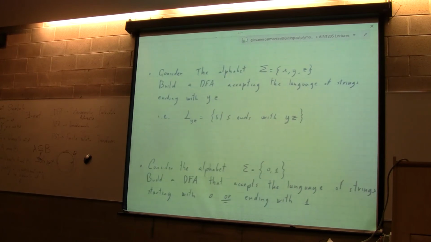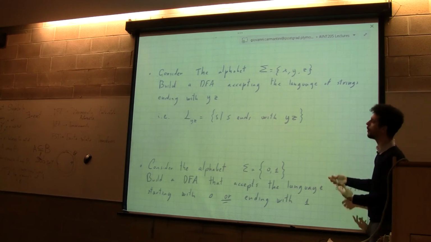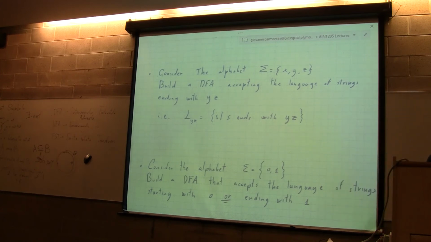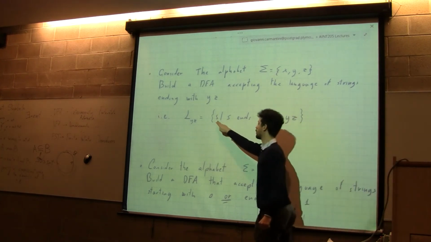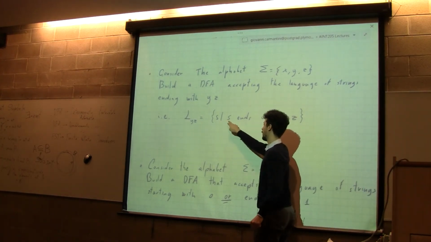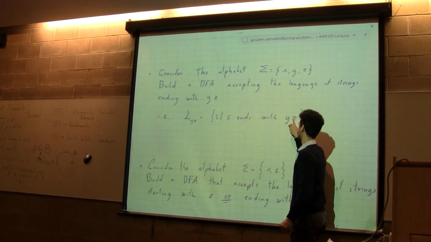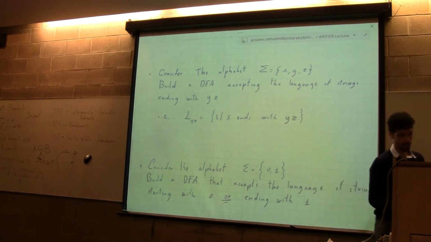Now let's actually build these DFAs so we see how they work. The alphabet is X, Y, Z. You also have to specify an alphabet, since your DFA works on an alphabet. Let the DFA accept the language of strings ending with YZ. In set notation, the language is the set of strings which have the property that they end with YZ. This is how you do it.